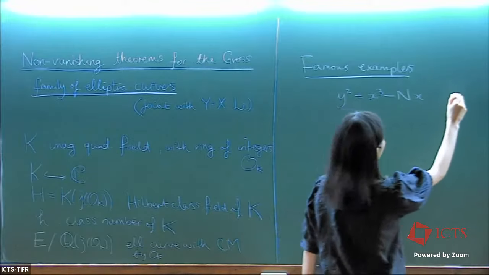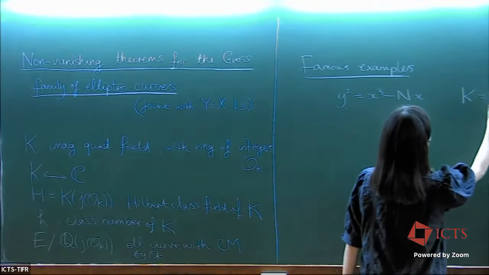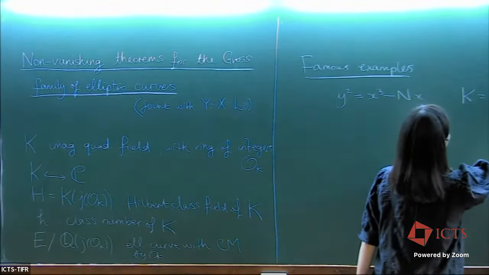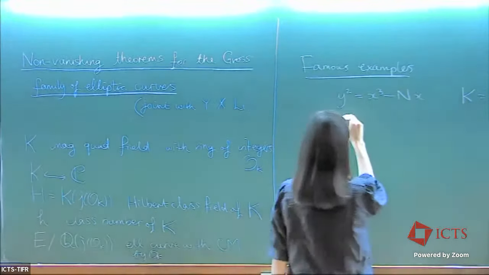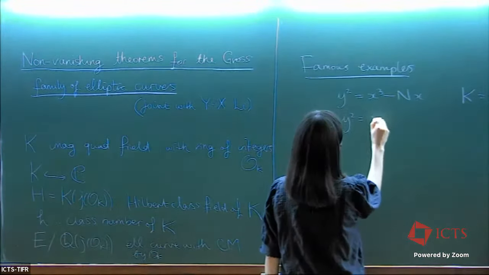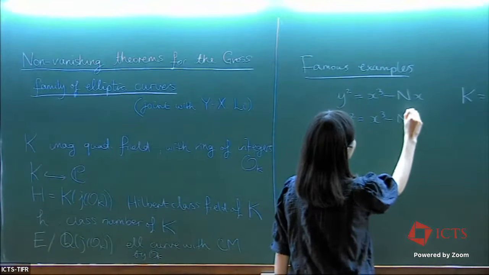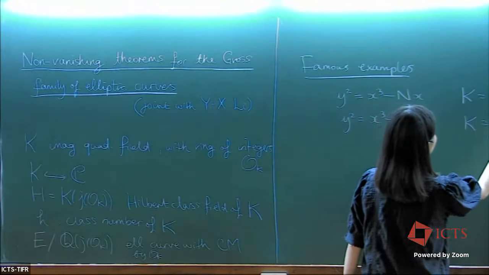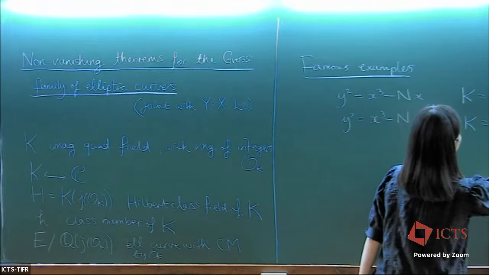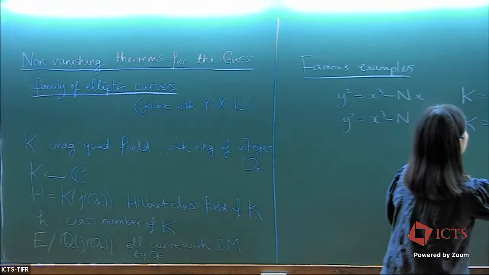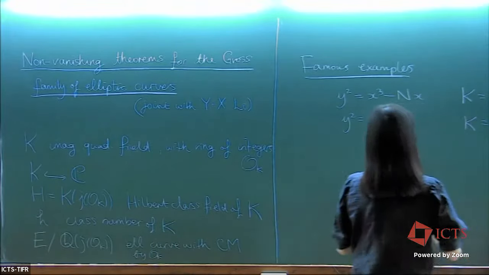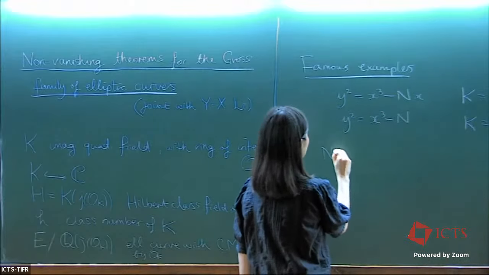This has complex multiplication by Q adjoin square root of -1. Or y^2 = x^3 - n. This has complex multiplication by the ring of integers of Q adjoin square root of -3. Let's say n is a non-zero integer.